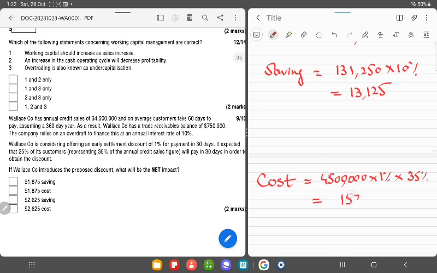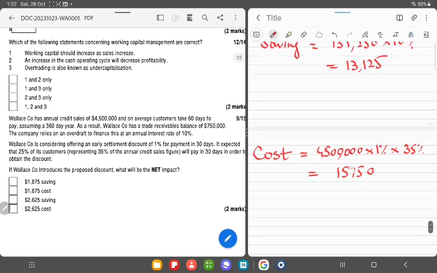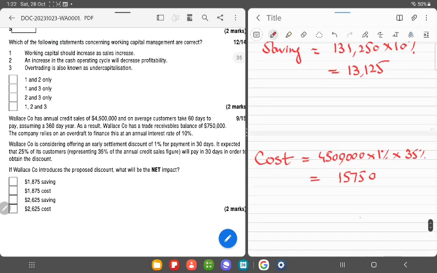So the discount cost is more than the benefit. 15,750 is the cost and the saving is 13,125. So the difference is 2,625. This is the net cost. So the option is D, 2,625 cost.